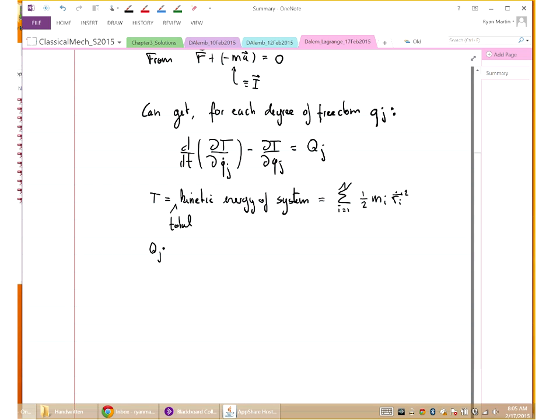And then Qj is the generalized force in the j direction, and that's given by some applied external force dotted with ∂Ri by ∂Qj, where Ri is the vector of where that force is applied.